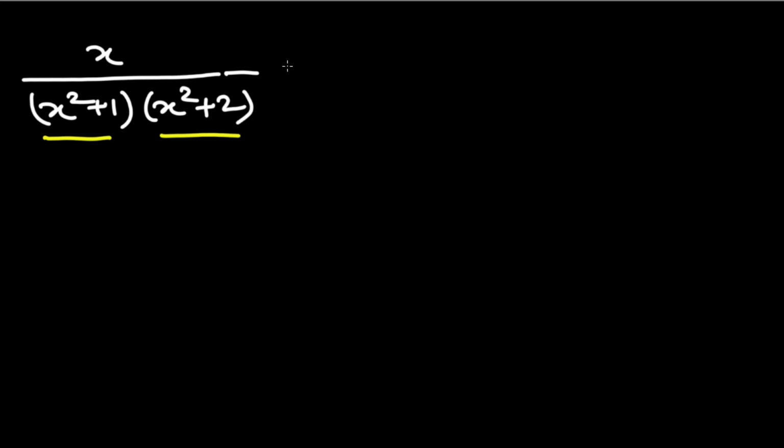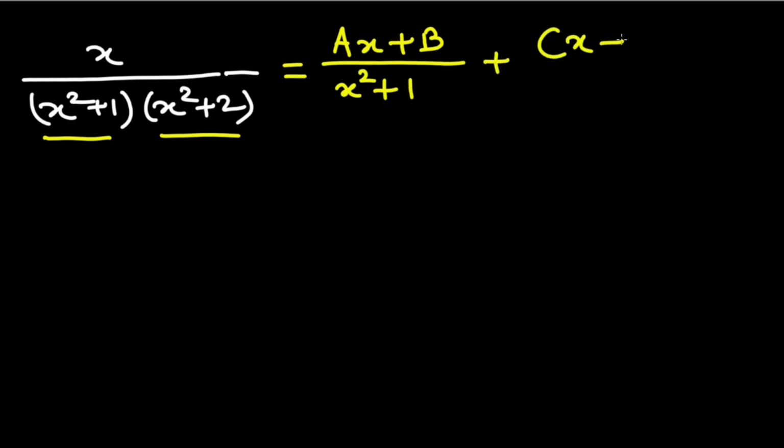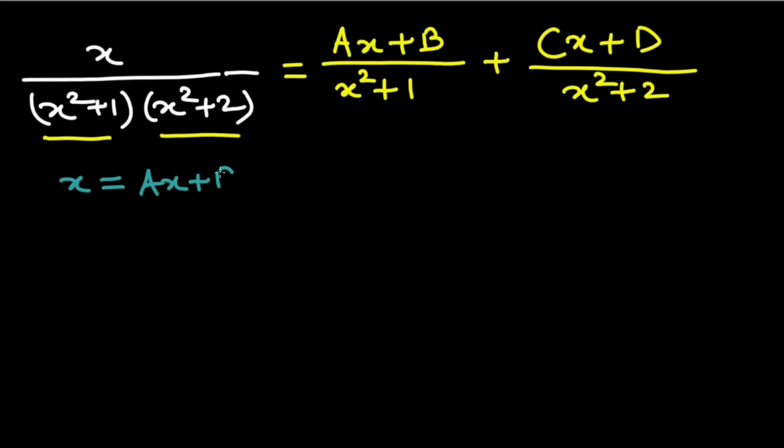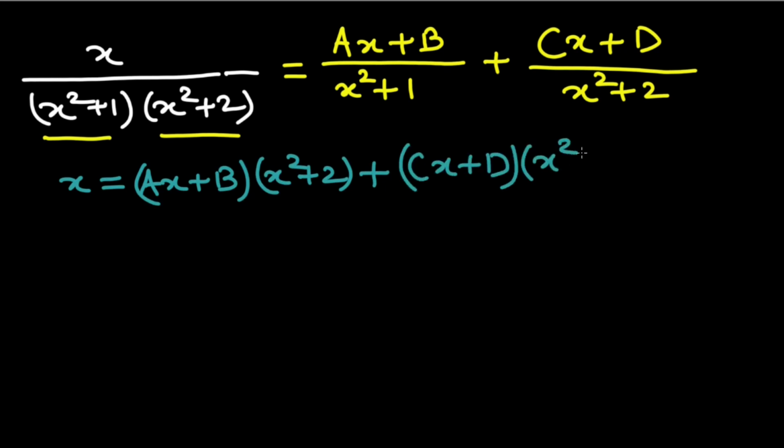Therefore, we write this rational function as (Ax + B) by the first quadratic factor x² + 1 plus (Cx + D) by the second quadratic factor, which is x² + 2. So this by regular method and cross multiplication gives us x = (Ax + B)(x² + 2) + (Cx + D)(x² + 1).